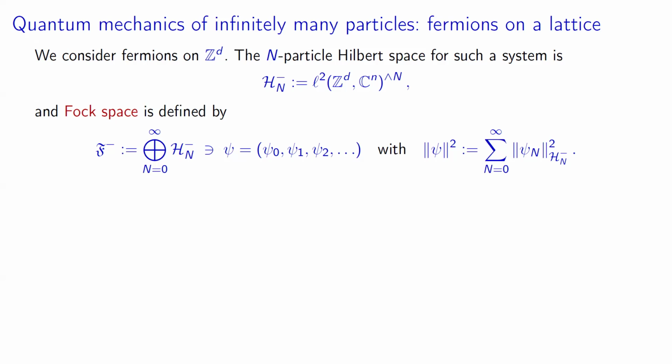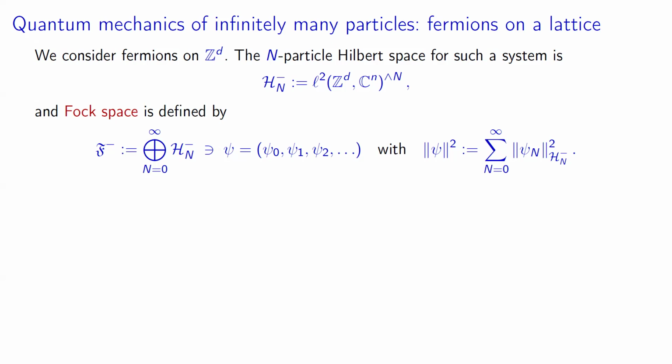So the n-body Hilbert space for fermions on this position space, with some spin or internal lattice degrees of freedom, is the n-fold antisymmetric tensor product of the one-body space, and then the corresponding Fock space is defined as the direct sum of all these H_n.